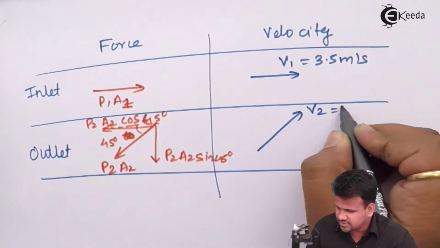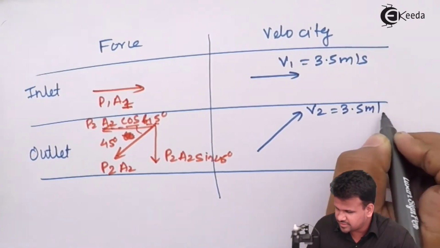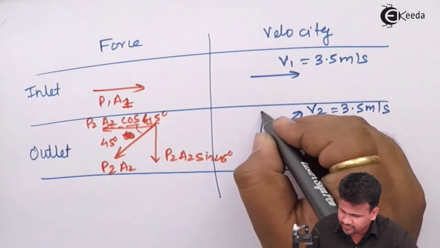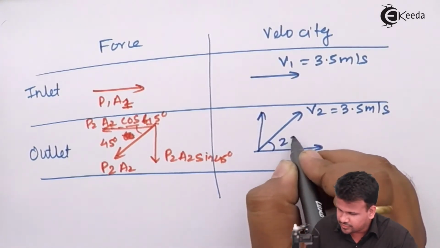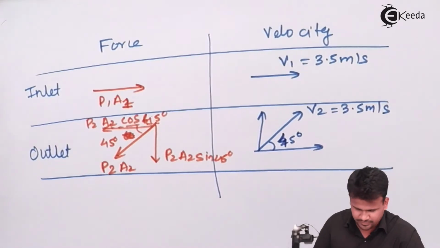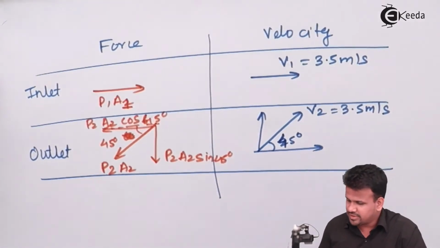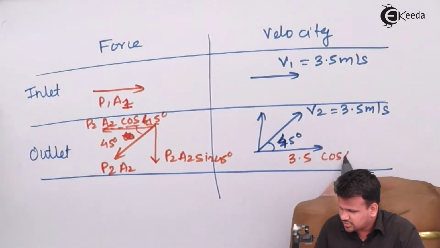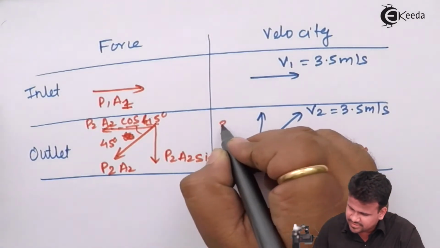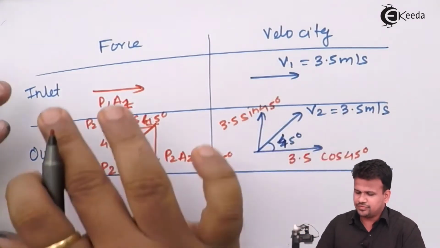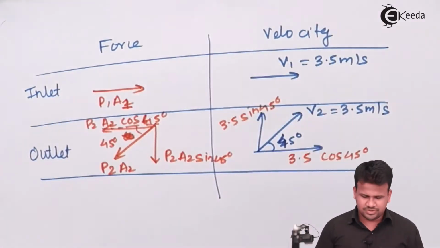So V2 is equal to 3.5 meters per second. It will be converted into two components: 3.5 cos of 45 degrees and 3.5 sine of 45 degrees. So we have made our master diagram.